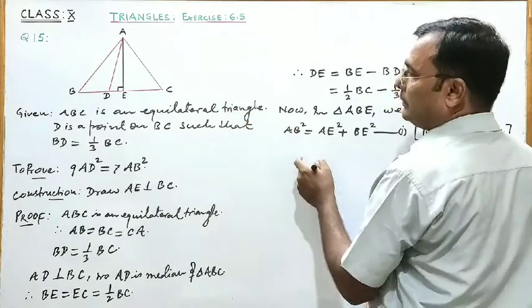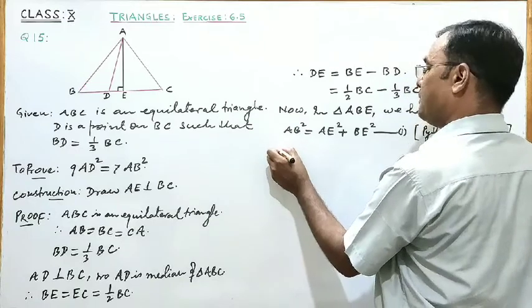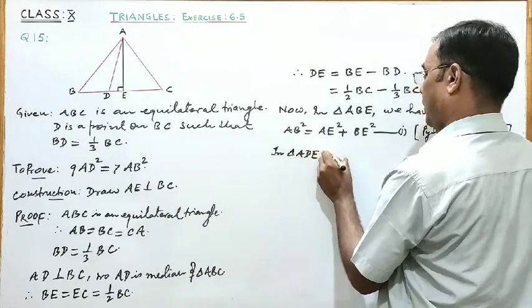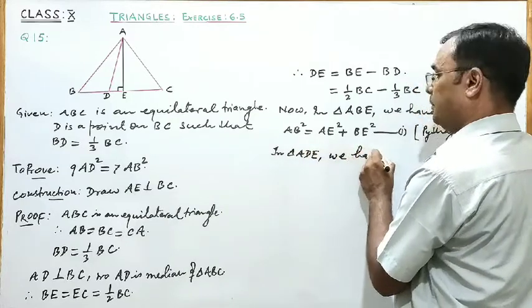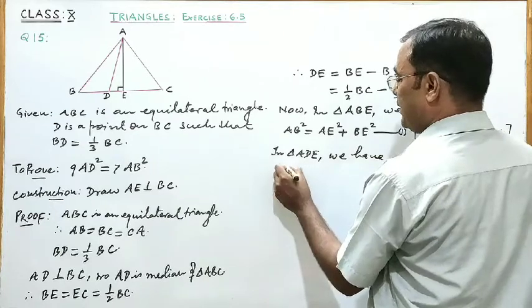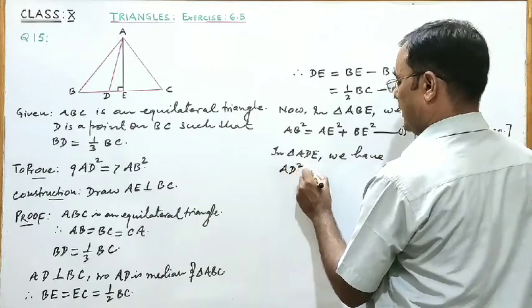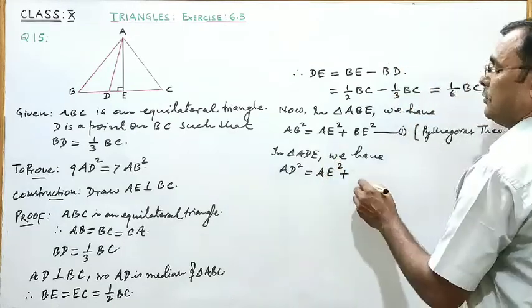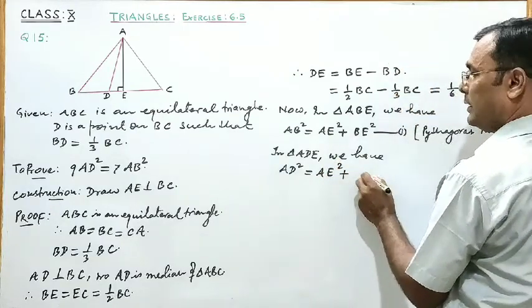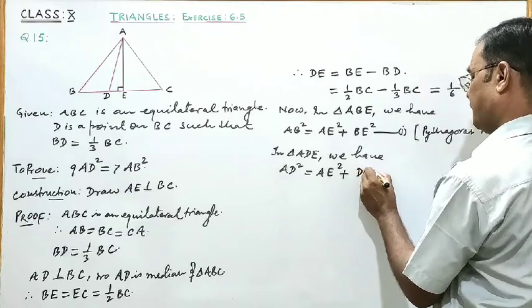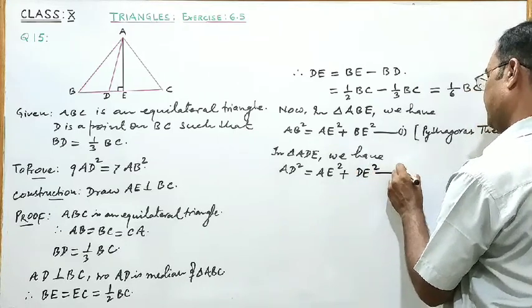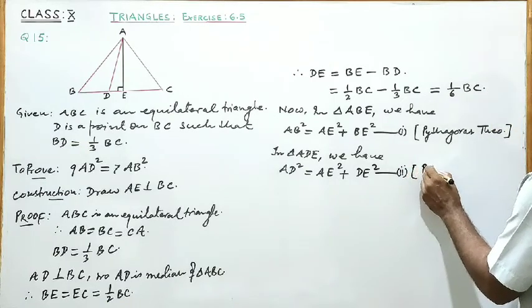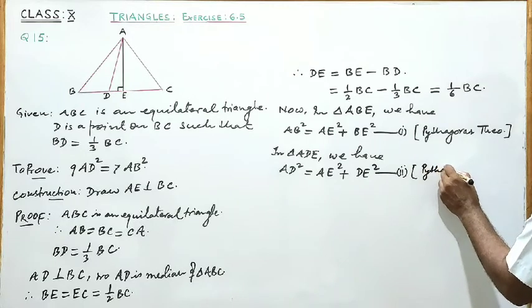And in triangle ADE, we have AD square is equal to AE square, perpendicular square, plus DE square, base square, and let it be number 2. This is also written from Pythagoras theorem.